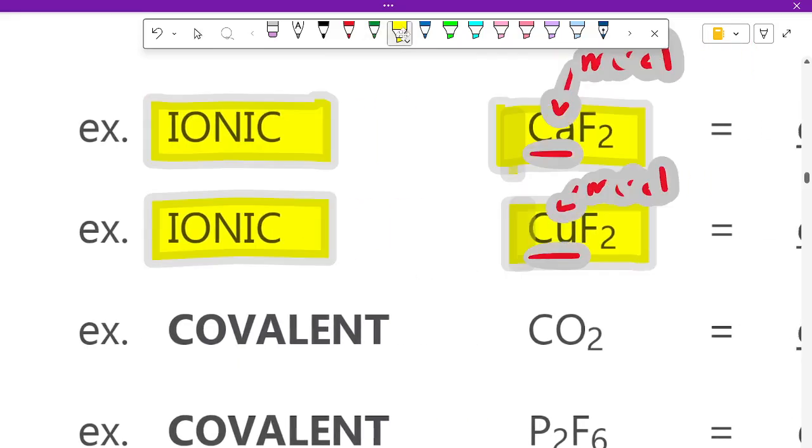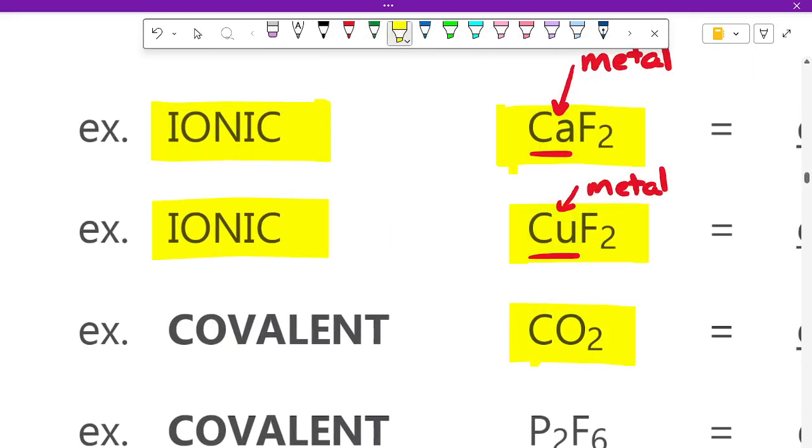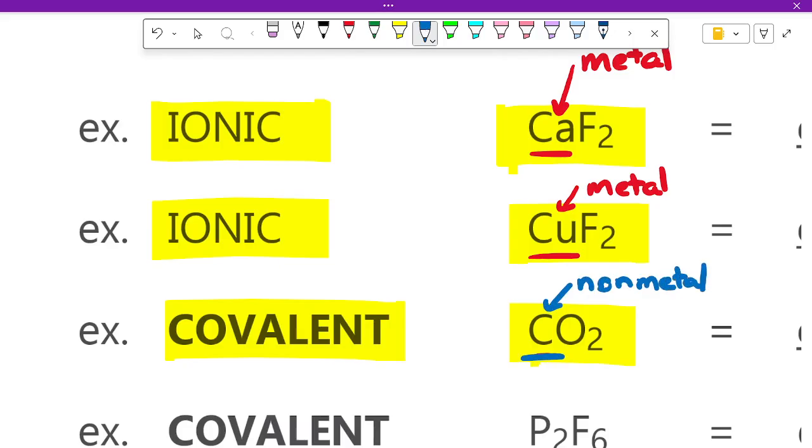How do we know that CO2 is covalent? You look at your first element and you say that is a nonmetal. You don't even have to look at the second element, because the second element will be a nonmetal whether it's ionic or covalent. If it is covalent, what do we need to add in that we didn't have to do with ionic?